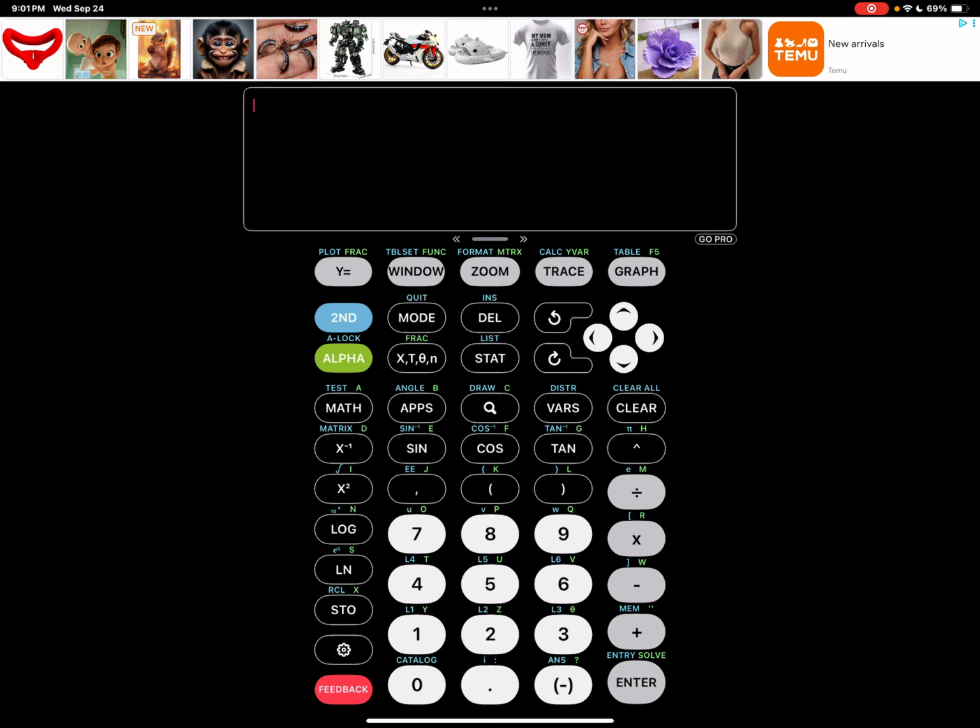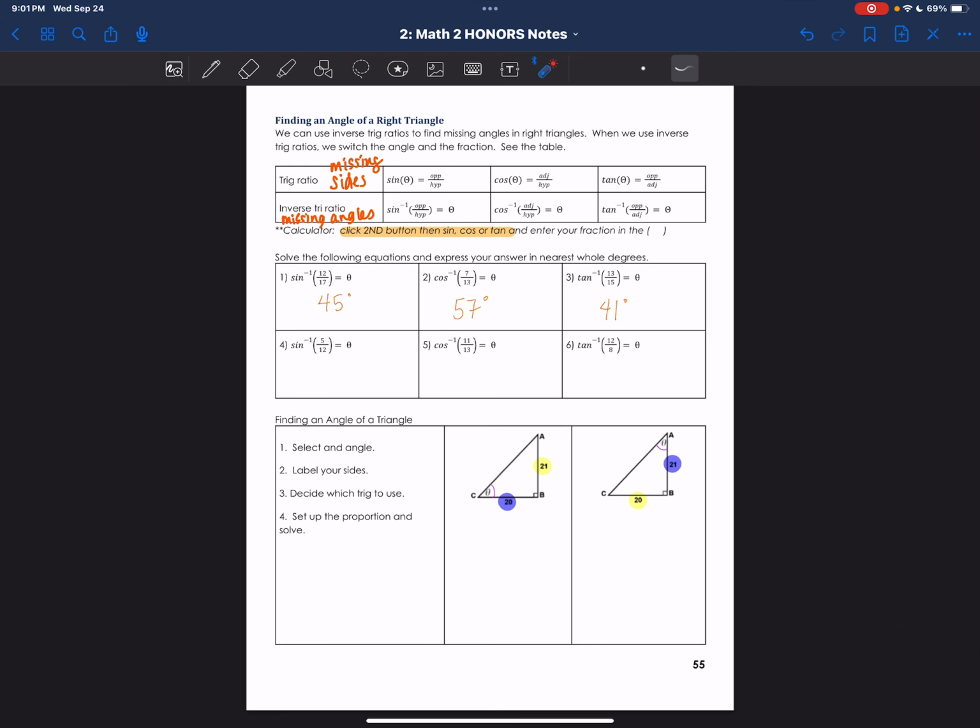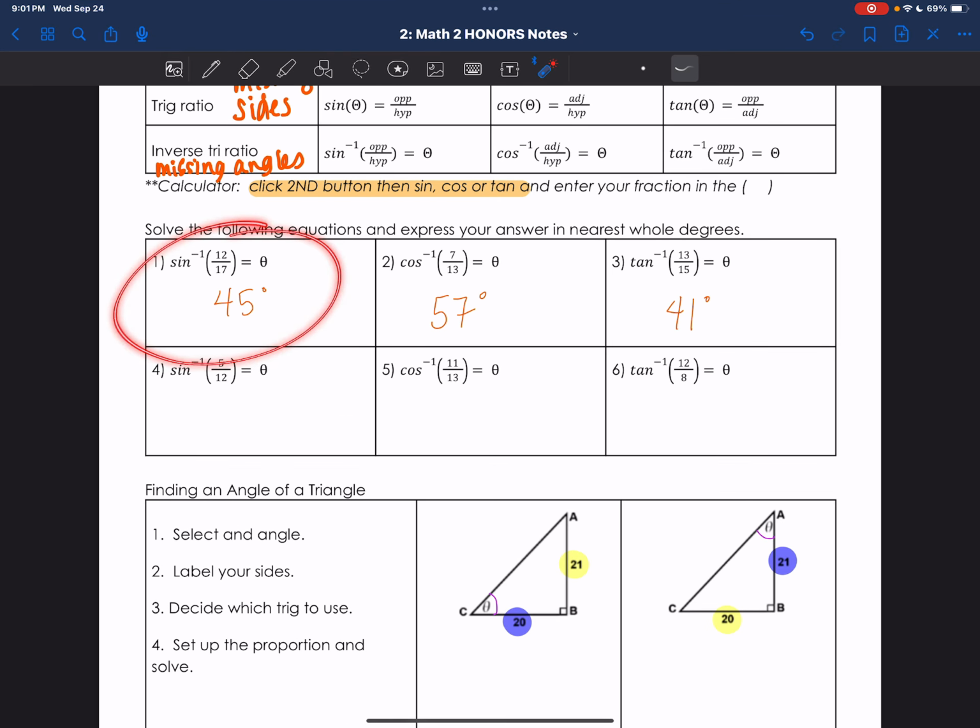So I'm going to go second sine, and if you notice, it brings that up, and you're going to go 12 divided by 17, and then press enter. And that's what you should get, 44.9, which goes to 45. And then same thing here, and then same thing here. So check these. If you did this correctly, you should have gotten 57 and 41.